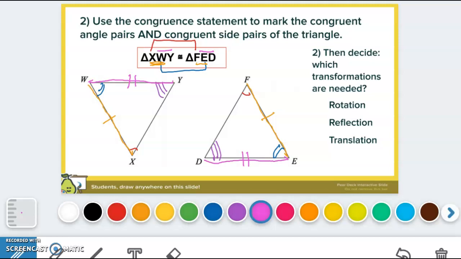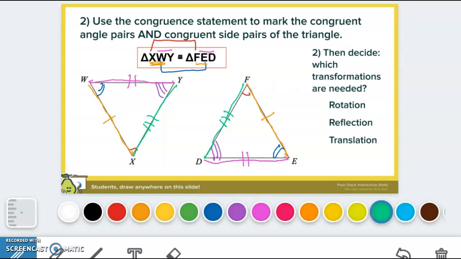And then the final side is the third side. So I'm going to put three notches here, and the third side is this. And they have equal length. Okay, so now looking at this, what is the transformation that is needed?